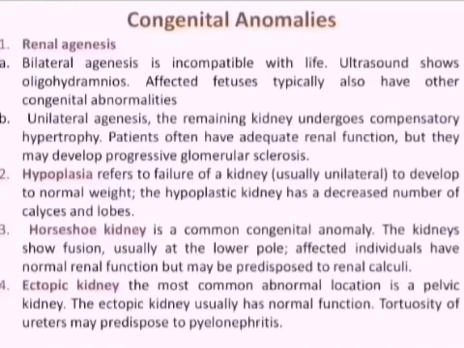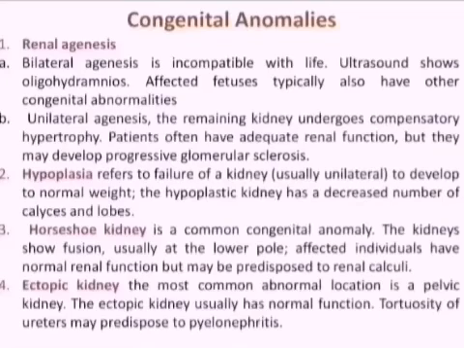ممكن يكون unilateral agenesis، فأتوقع أن الكدني الأخرى إذا absence of one kidney الكدني الثانية will have compensatory hypertrophy. The patient often have adequate renal function بس بنهاية المطاف will end with progressive glomerular sclerosis.